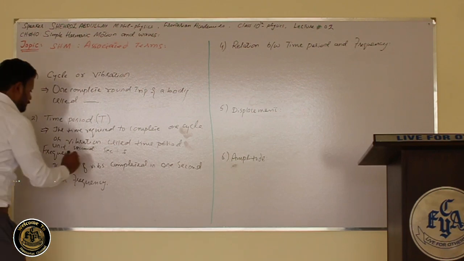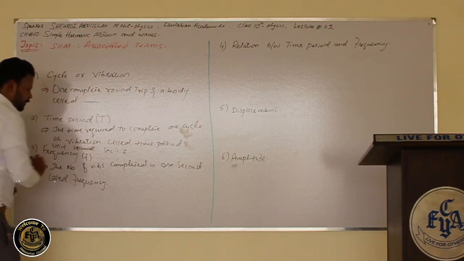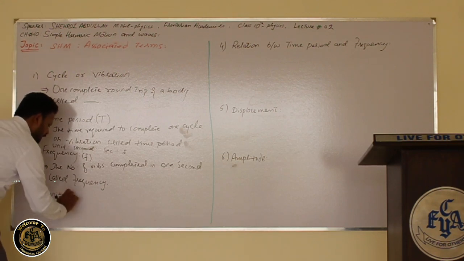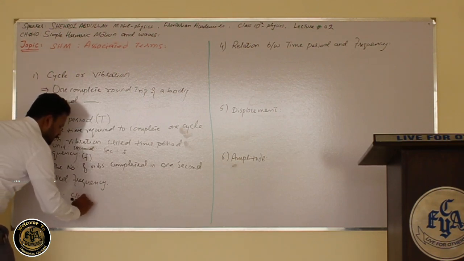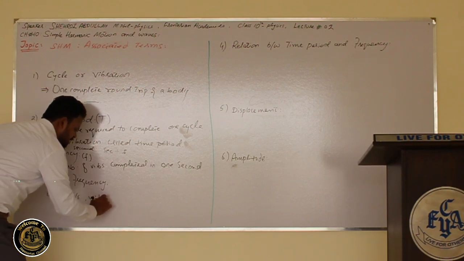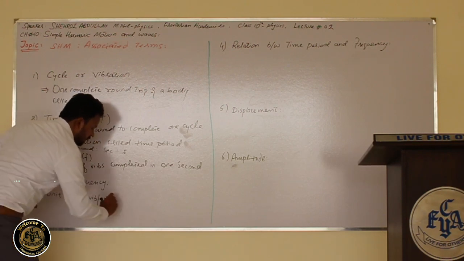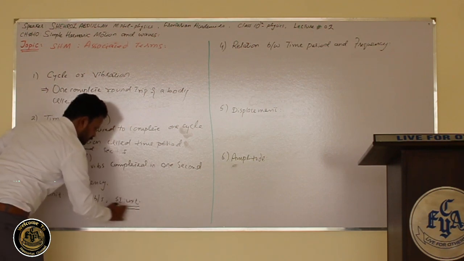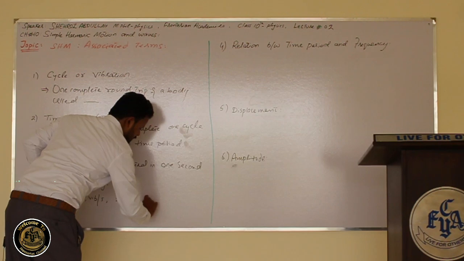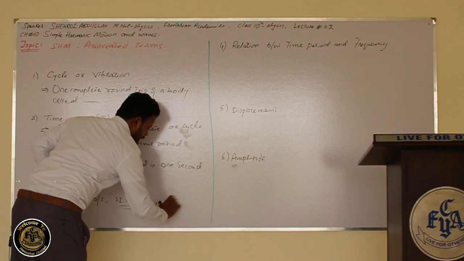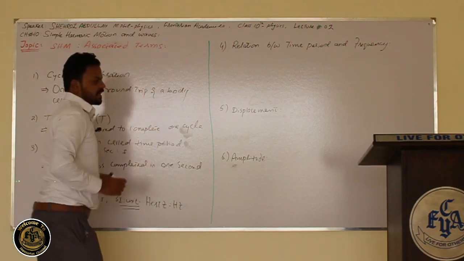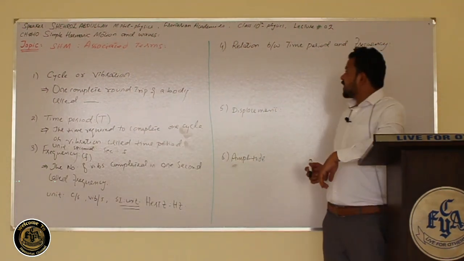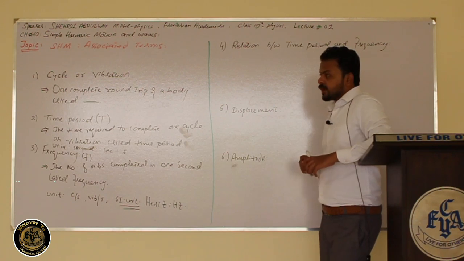Frequency is represented by small f. The unit of frequency is cycle per second, you can say vibration per second. The SI unit of frequency is hertz, represented by Hz.